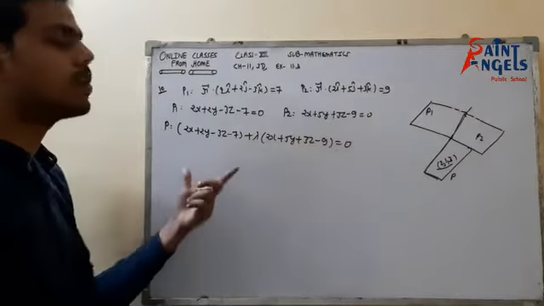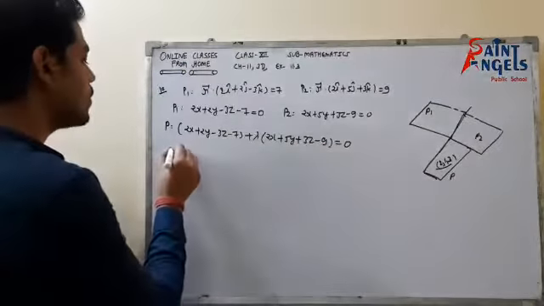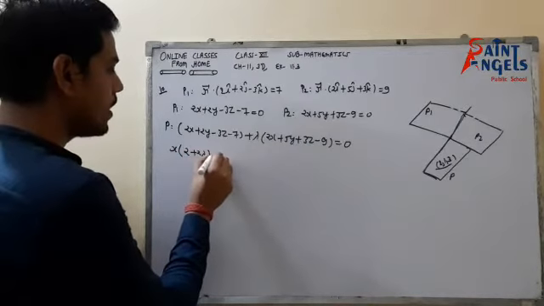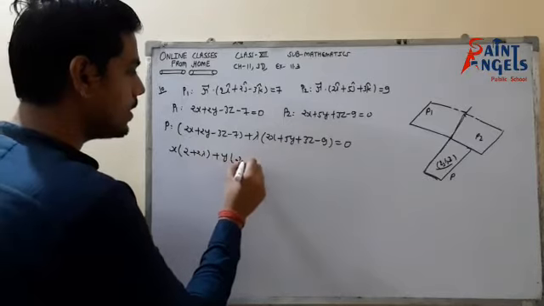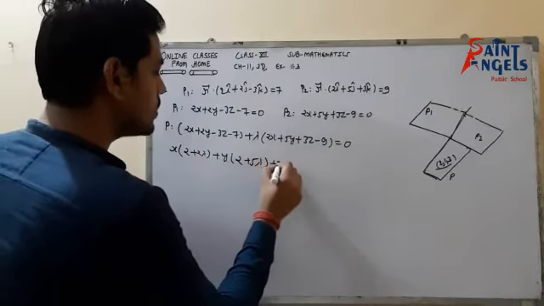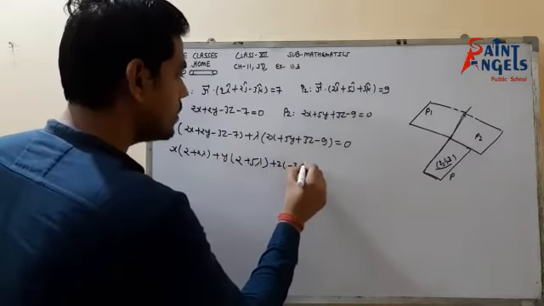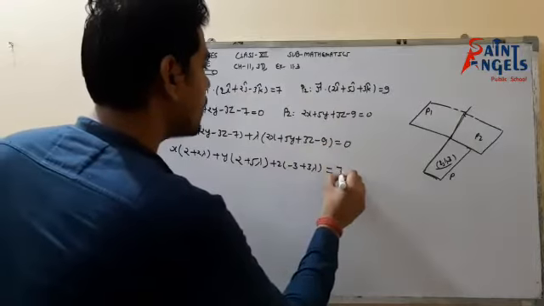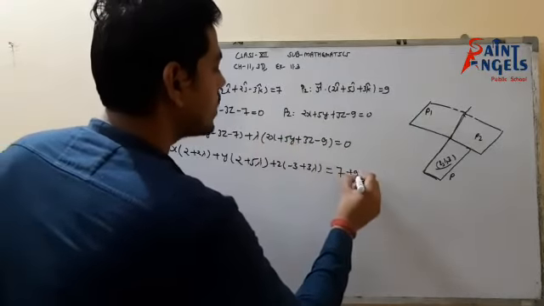So now again equate the coefficients of x, y and z. Here the coefficient of x is 2 plus 2 lambda, of y is 2 plus 5 lambda, of z is minus 3 plus 3 lambda, and minus 7 goes to that side, giving 7 plus 9 lambda.